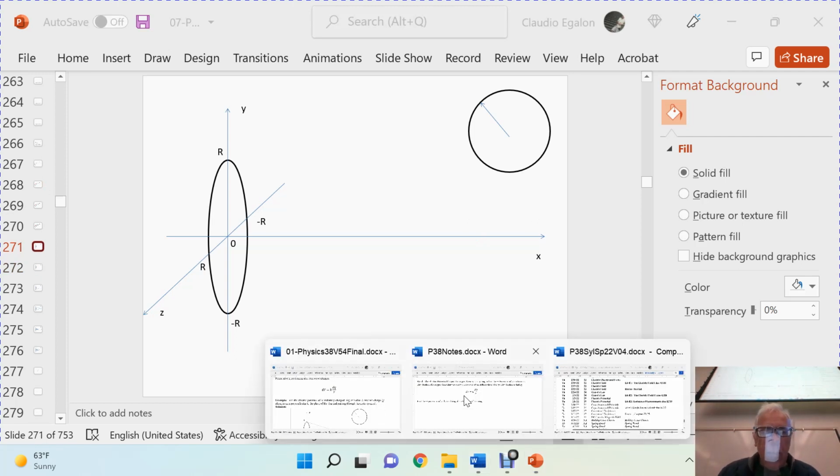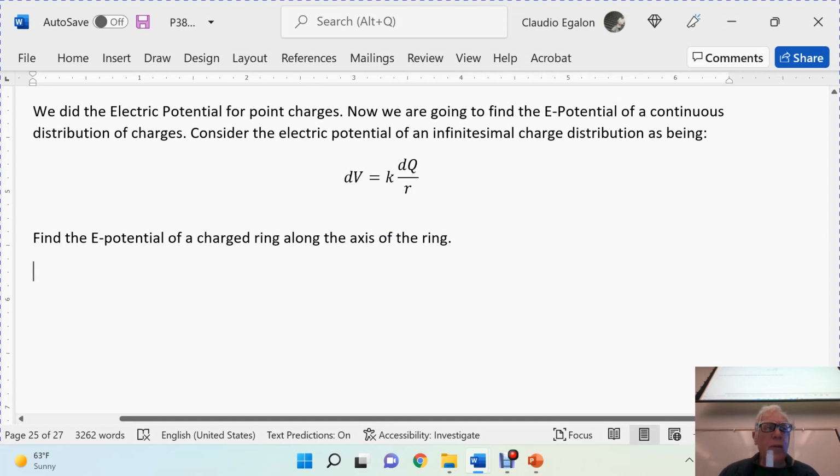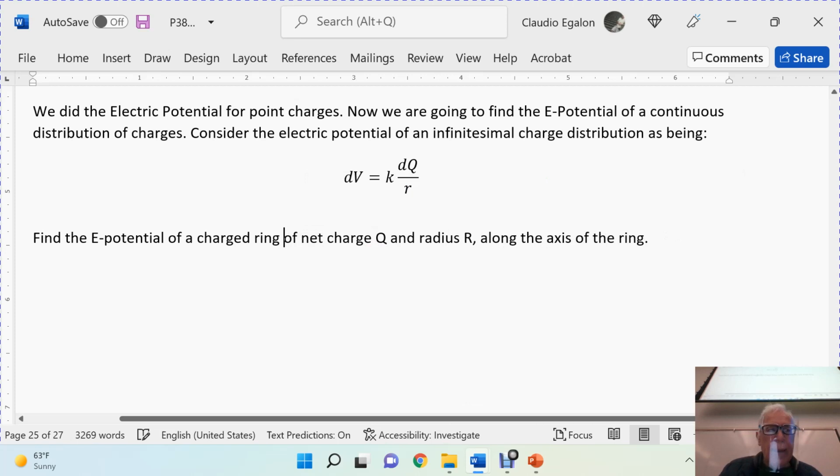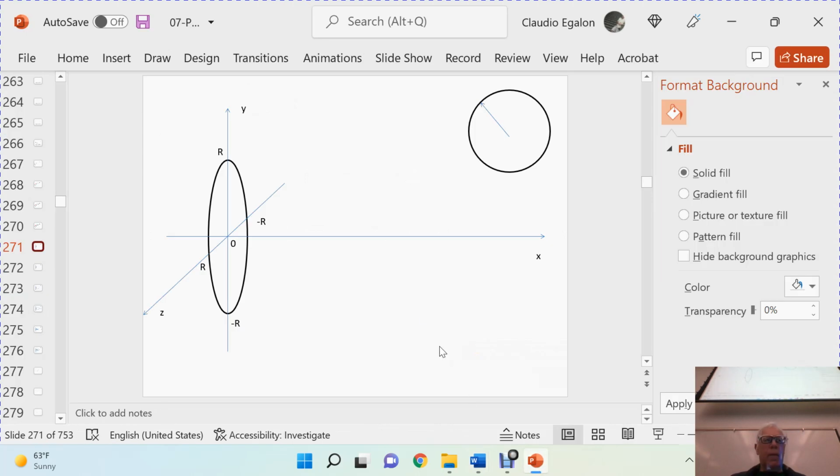We go for finding the potential of a charged ring of net charge q and radius r along the axis of the ring. That's the simplest problem we're going to find, other than the point charge. The next simplest problem, right?